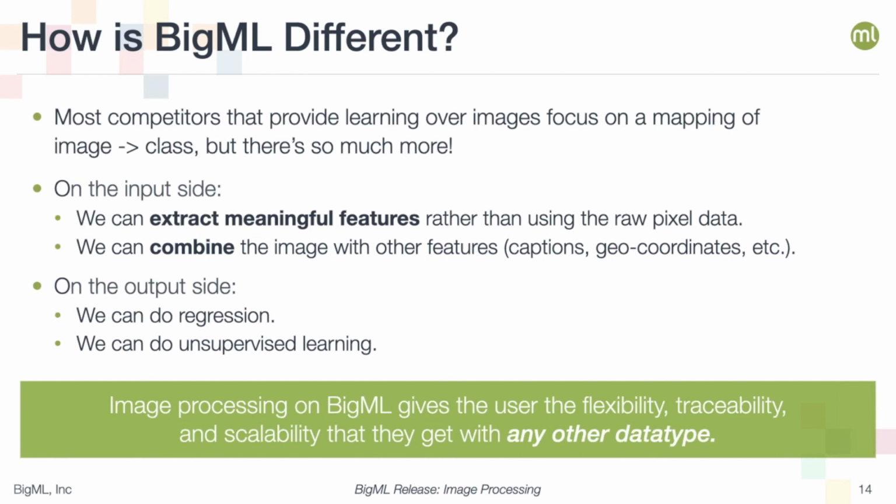And we can also combine those features with other features in order to do predictions from 2 images at a time, or from an image plus text, or from an image plus a bunch of numbers. We can handle all of those cases. So again, the usual thing, mapping an image to a class: yes, BigML makes that very easy, but also if you dig into the platform, you can solve a lot of other problems with it that involve images.